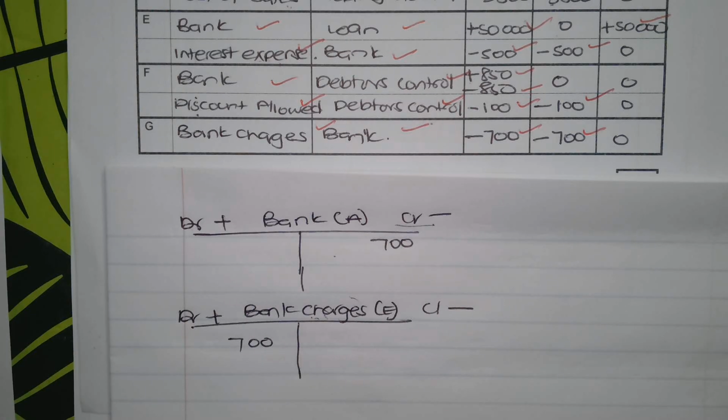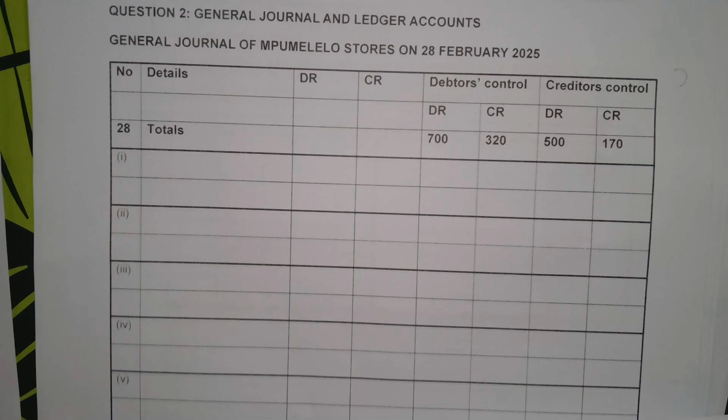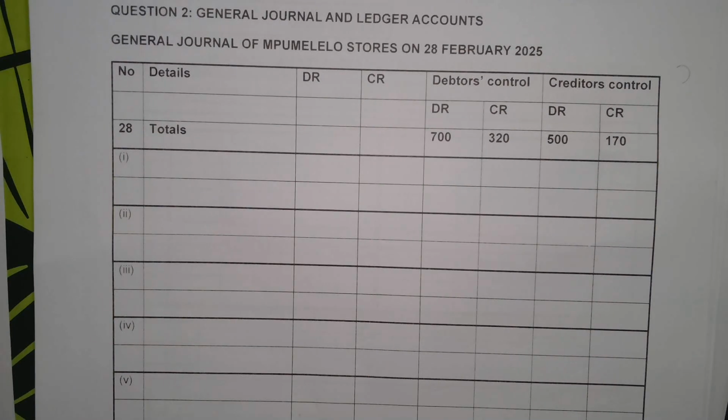I'm going to do another video for the second question, for the general journal. So learners, you need to do this on your own first. So you practice using the video, but when you're practicing on your own, you mustn't look at the answers and then say you understand.